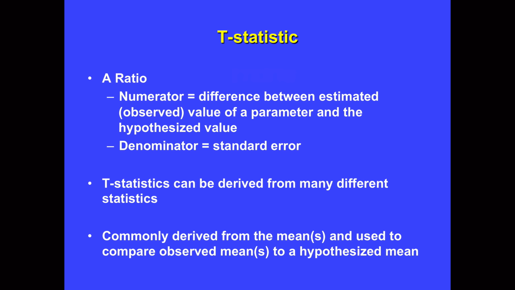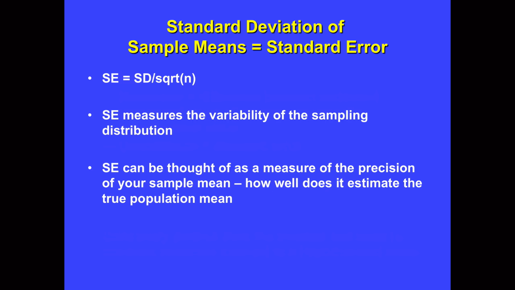So maybe you hypothesize a mean blood pressure of 120 millimeters of mercury, and then you'll compare the observed mean in your sample to that hypothesized mean and see what the evidence is that the mean is different or the same. And then we'll go on and extend this thinking into the context of two-sample t-tests, and we'll also talk briefly about paired t-tests.